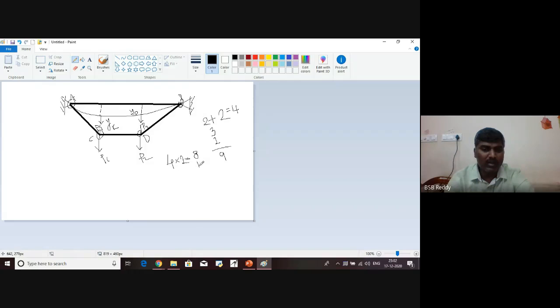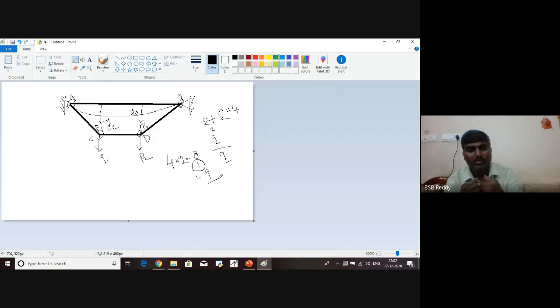So one additional relation or one additional equation or one condition should be given to you in the form of geometry. Then it will be 9 equations to solve. Okay, so 9 unknowns, 9 equations. So this is how we plan for analysis.